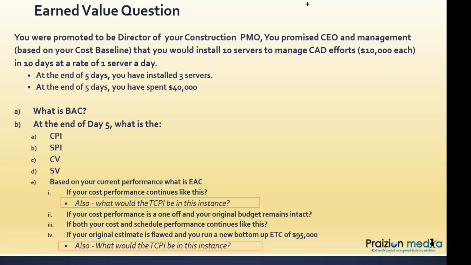All right. So going back to where we were, let's tackle them one by one. Which formula should we use? It says based on your current performance, what is the EAC?